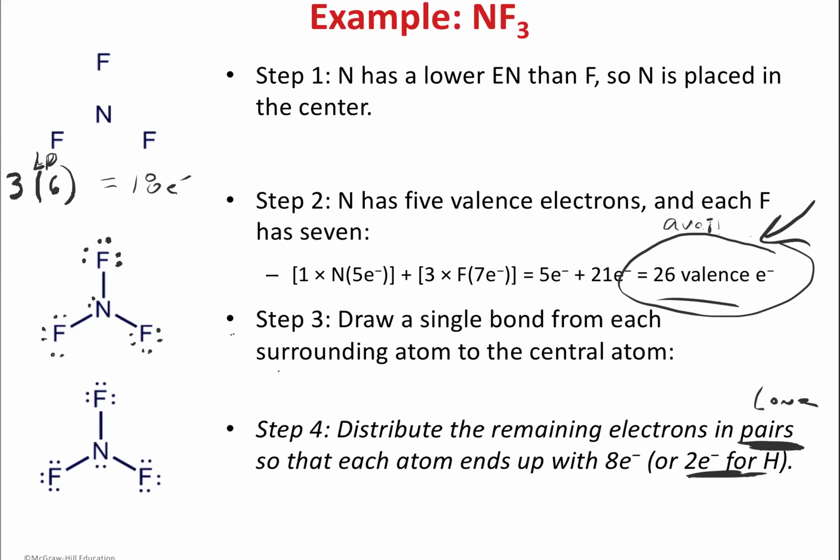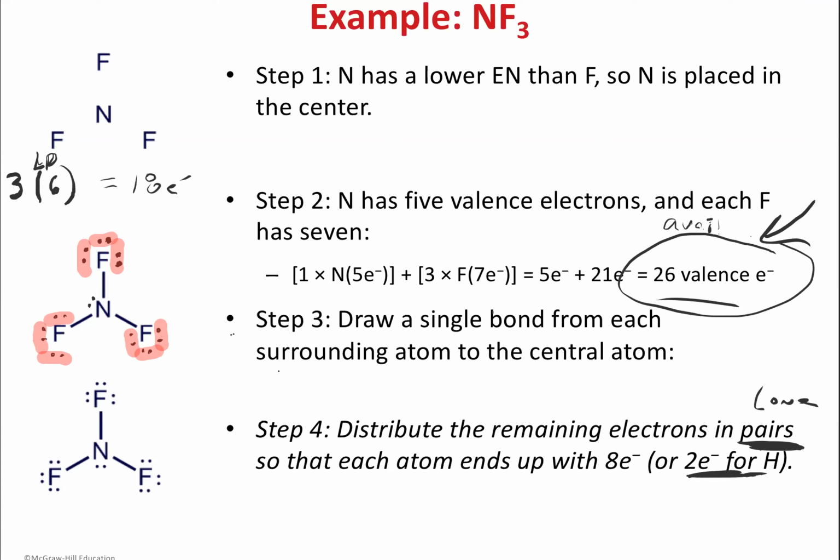The ones that I counted, just if you're not following along, are these right here. Each fluorine has 6. Those are our so-called lone pair electrons. Those are the ones I counted to get to 18.